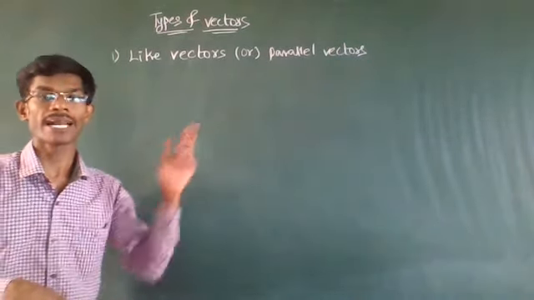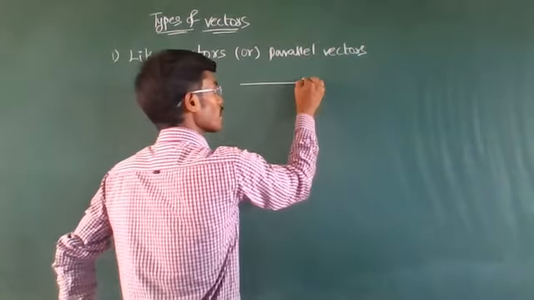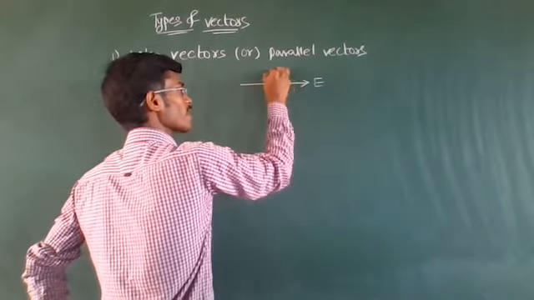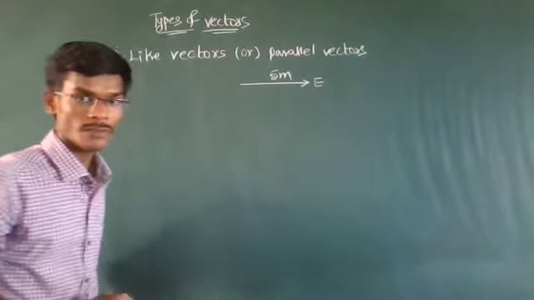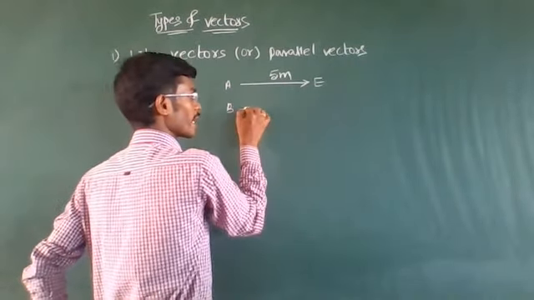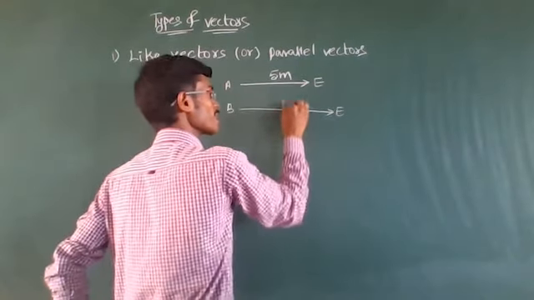or parallel vectors. Suppose a person A is running along a straight road towards the east direction, and he traveled some 5 meters, and another person B is running along the same east direction, but he has covered 6 meters.